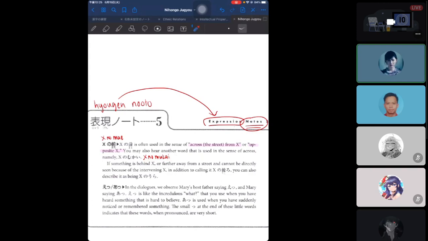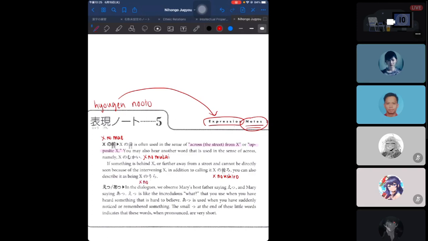Or you can also say behind. If it's behind, then you just say X no ushiro. Or if it's further away from the street, you can also say X no ura.